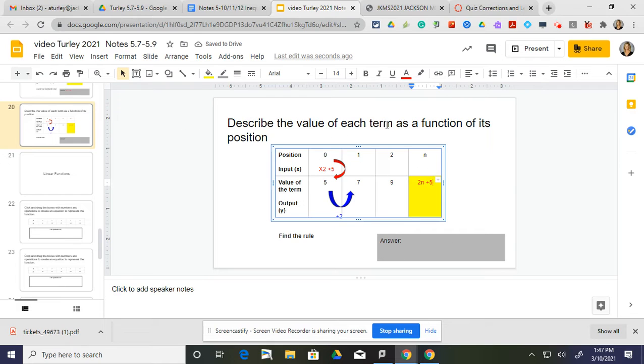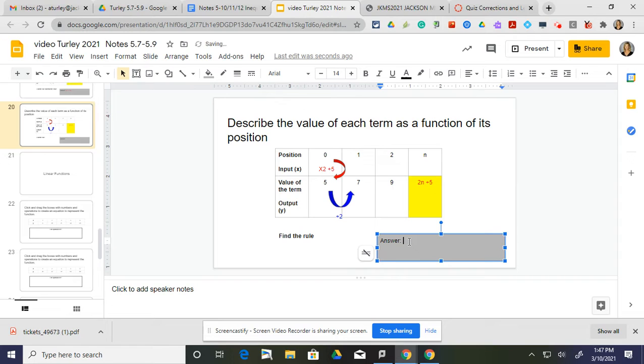So down here, describe the value of each term as a function of its position. We could say multiply the position by 2 and add 5 to get the value of the term, the bottom. Multiply the top, which is the position, by 2 and add 5 to get the bottom, which is the value of the term.